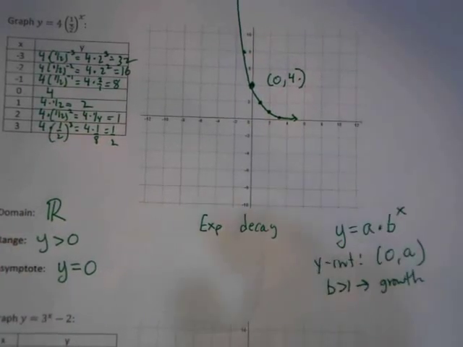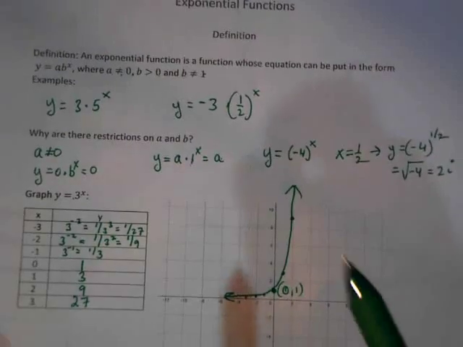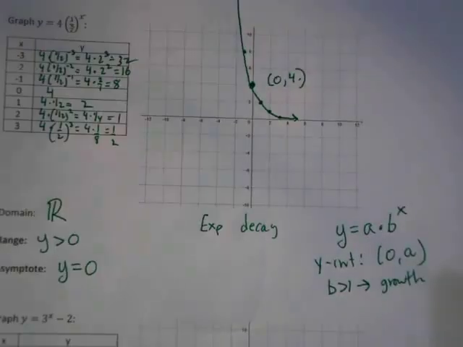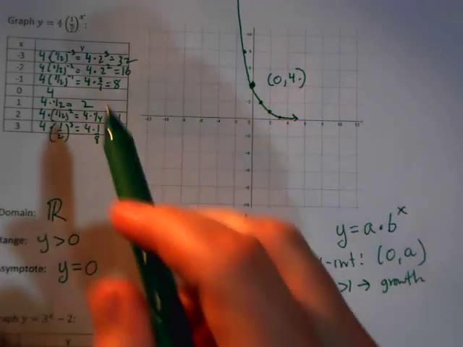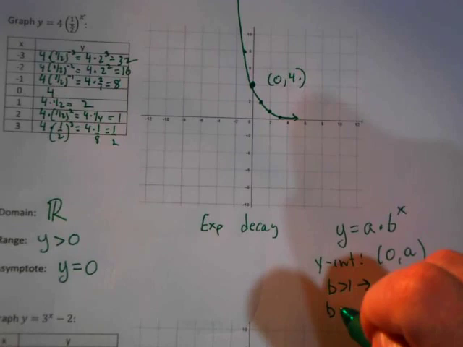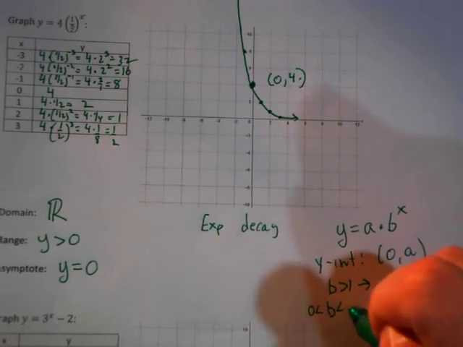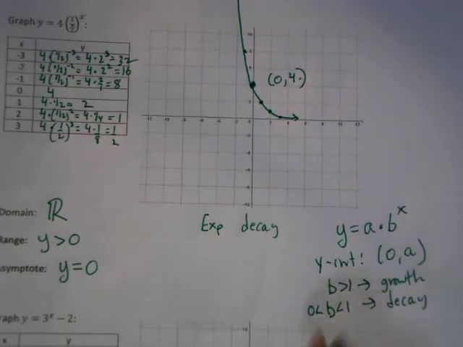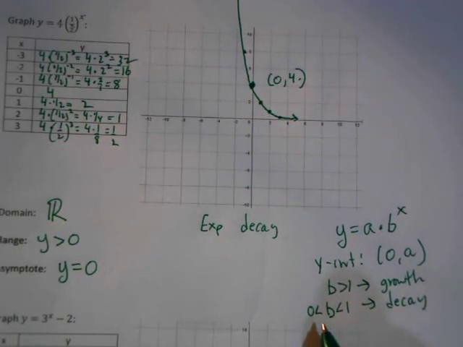And we saw that in the first example, where b was the number 3, bigger than 1, we got growth. And in this example that we just did, when b was a half, we saw that we got decay. So when b is between 0 and 1, we get decay. And I have to write it this way because remember we did point out that b could not be negative numbers.